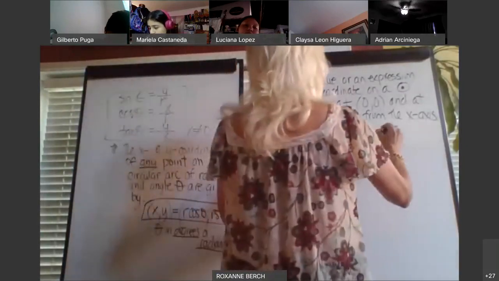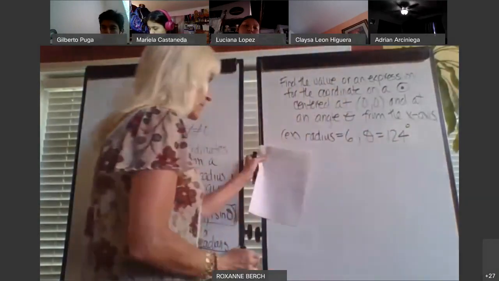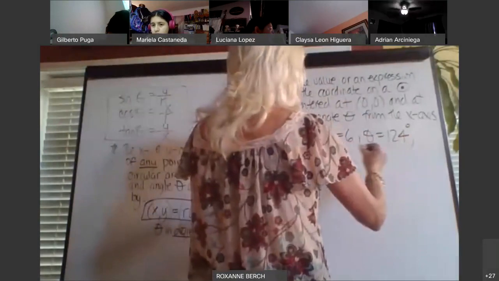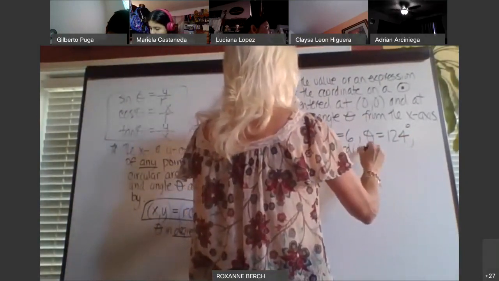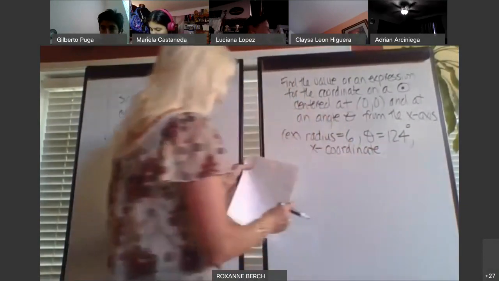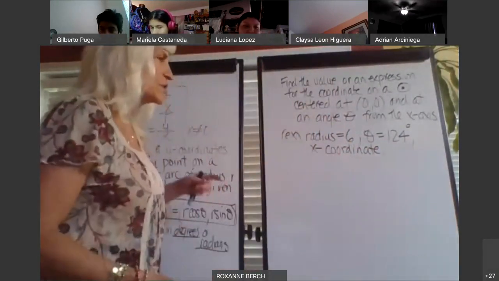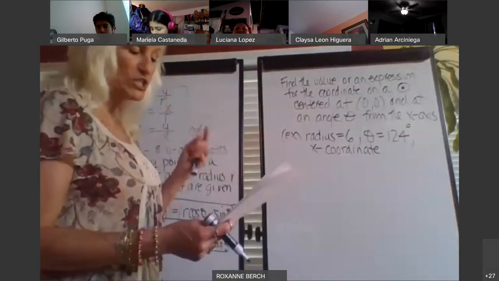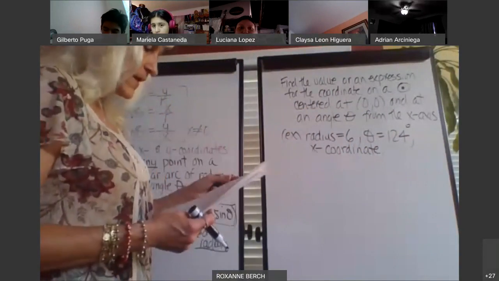And they're going to say the angle is 124 degrees, and then put a comma and x coordinate. So they're like, what the heck does this mean? They're giving you the radius, they're giving you an angle in degrees, and they want you to find the x coordinate.